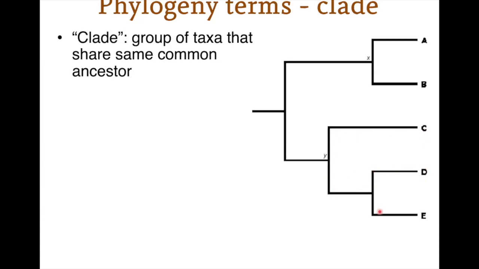D and E also form a nice clade because they are united by this common ancestor here. And A, B, C, D, and E also form a nice clade because they're united by this common ancestor here. So there's not just one clade in a phylogenetic tree. You can have multiple different clades at different levels. But for example, A, B, and C alone don't form a clade because there's no common ancestor that unites them to the exclusion of the other members of the tree.